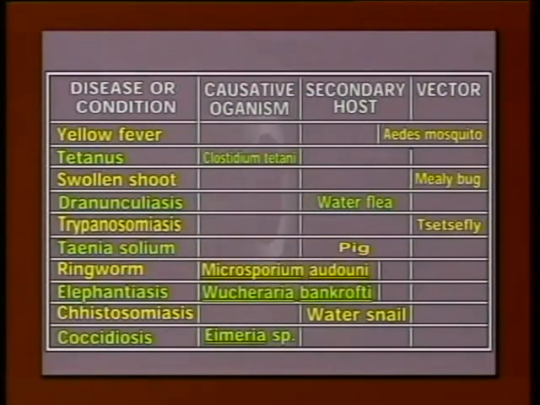For elephantiasis, the causative organism is Wuchereria bancrofti. For schistosomiasis, the secondary host is water snail. And for coccidiosis, the causative organism is Eimeria species.